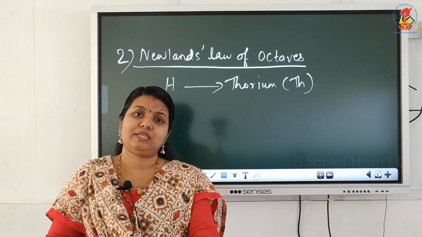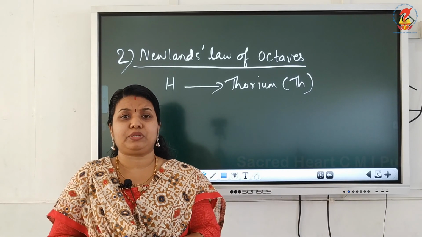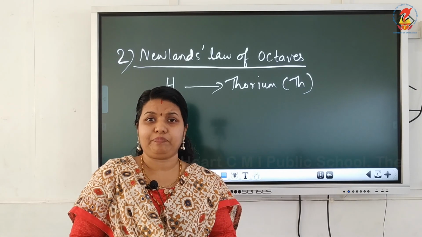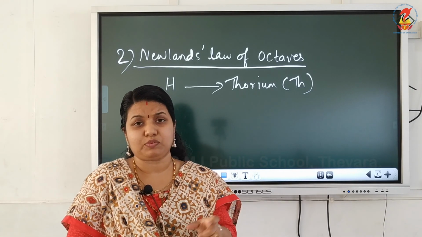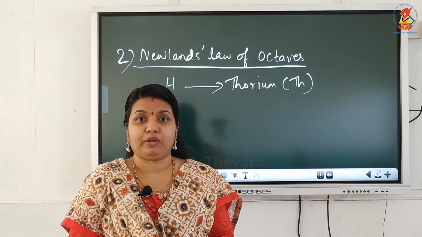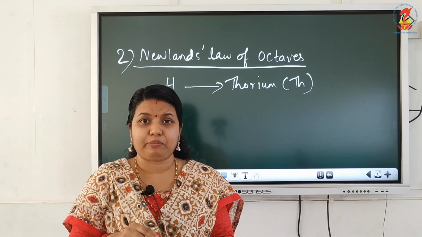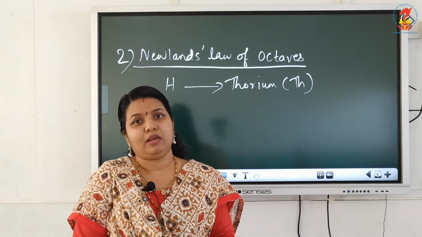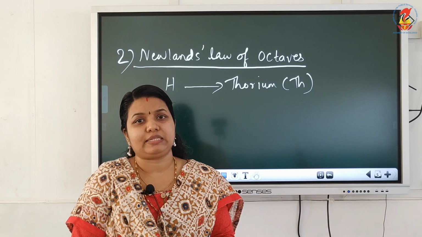So, he adjusted 2 elements in the same slot in order to fit elements into his classification. Also, unlike elements were placed under the same note. I told you in the beginning, elements coming under the same note should have the same properties, but unlike elements were placed under the same note.